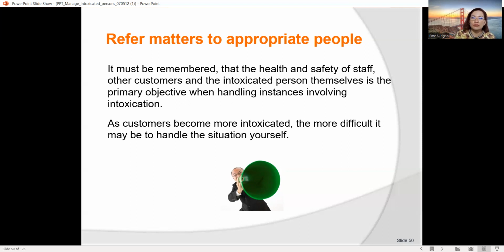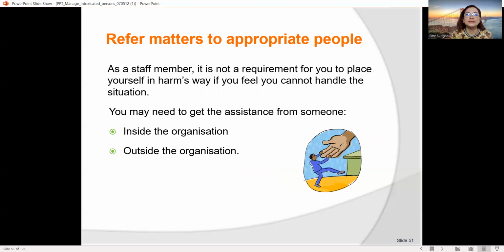So there are control measures. For example, every group in your bar has a maximum of 5 people, right? Or else you have a bouncer, a big person with big muscles, who will manage all those intoxicated persons. Refer to appropriate people.